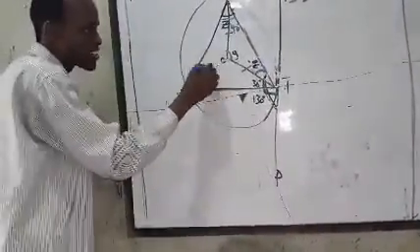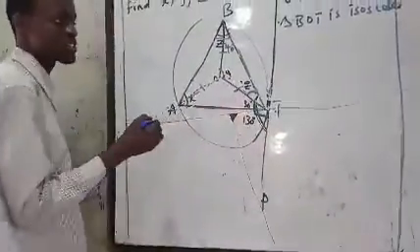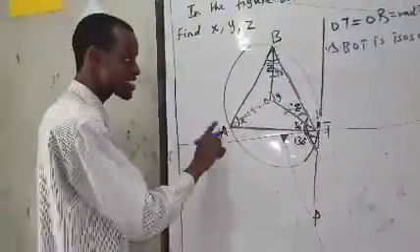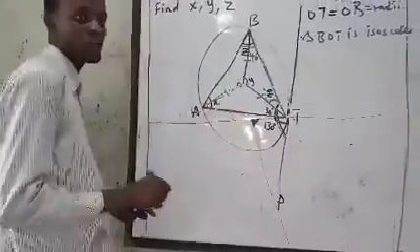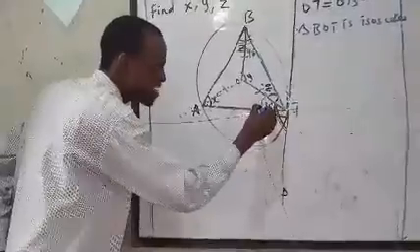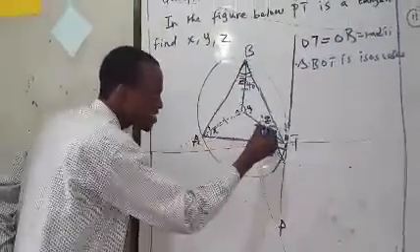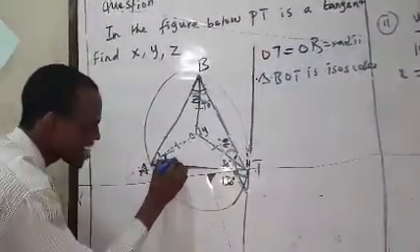We said that OA is a radius, OT is also a radius, so this side and this side are equal. It means that triangle AOT is also an isosceles triangle, and the base angles are also equal. So since here is 30 degrees, this place will also be 30 degrees.